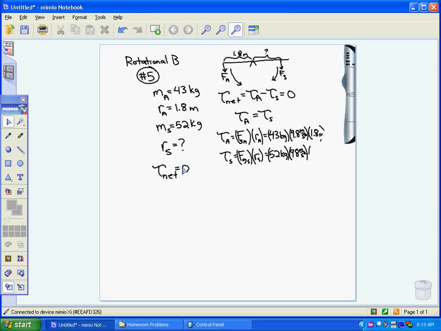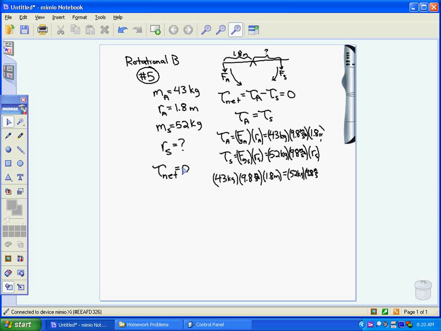So now combining these, I get that 43 kilograms times 9.8 meters per second squared times 1.8 meters is equal to 52 kilograms times 9.8 meters per second squared times the radius of Steve.